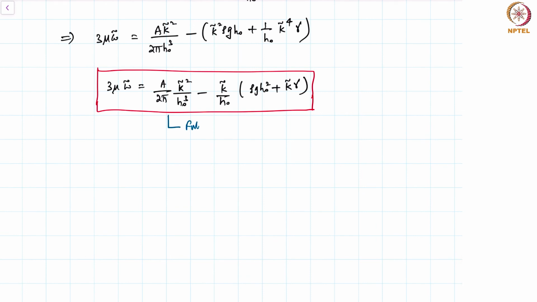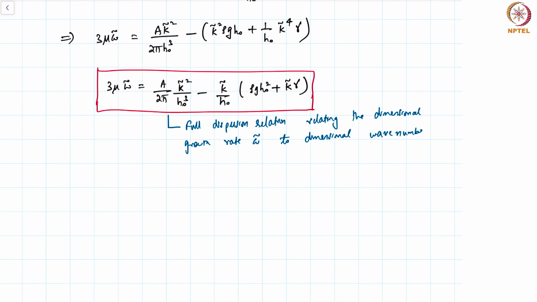This is the full dispersion relation relating the dimensional growth rate omega tilde to dimensional wave number k tilde for various values of A, the Hamaker constant A, gravity G, density rho, surface tension gamma, and finally the thickness of the thin film H0.